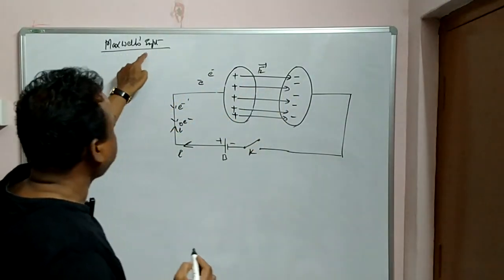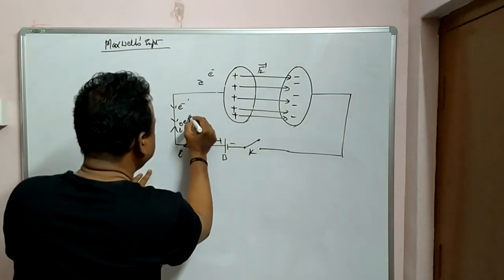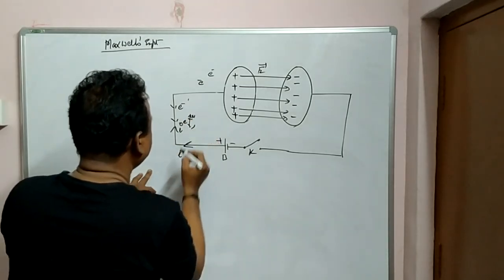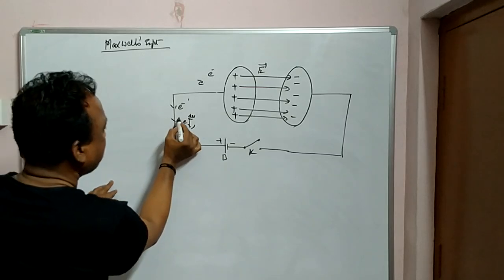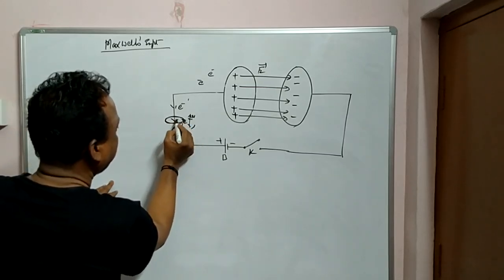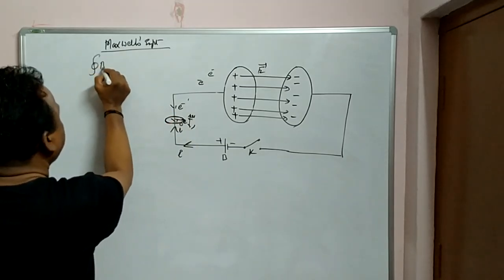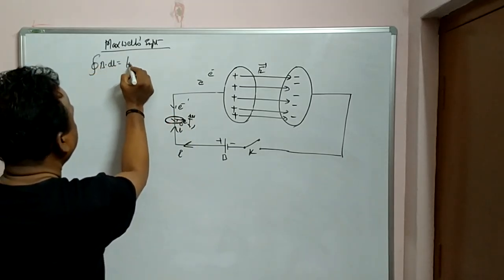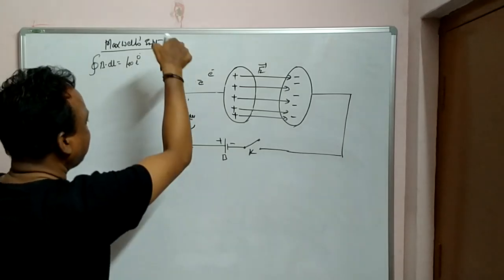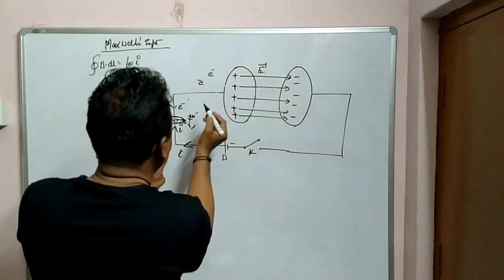So what he conducted is, suppose he has taken one magnetic compass and kept it here, north south. Because current is flowing, for example, if you take a small loop here, an Amperian loop at some distance. What is the Amperian loop? Integral B dot dl is equal to mu naught times I inside. So I is flowing in this one, so the compass is deflected.